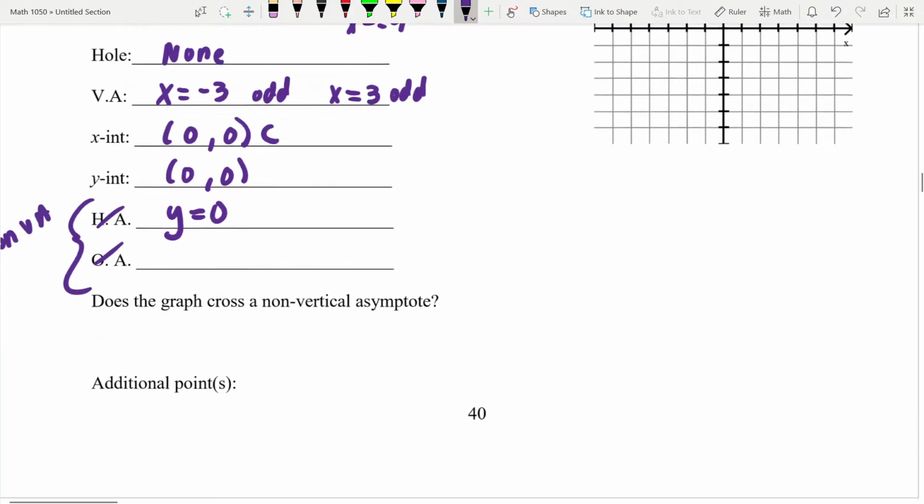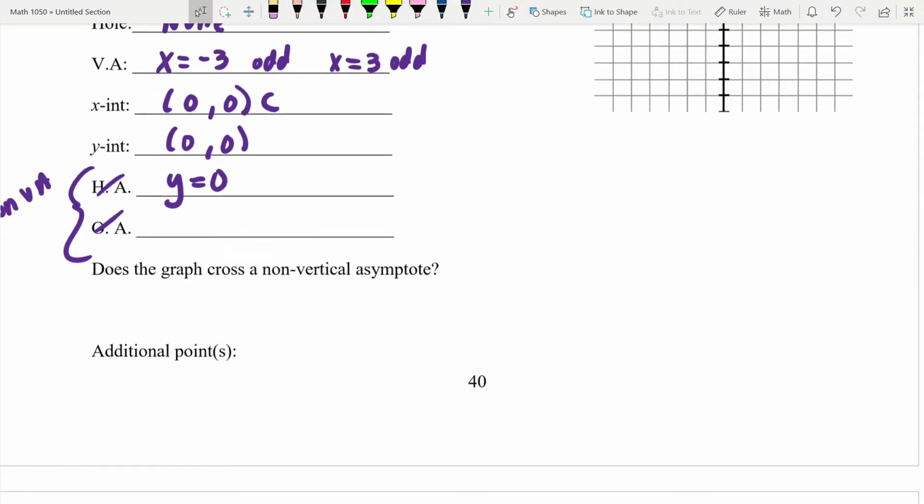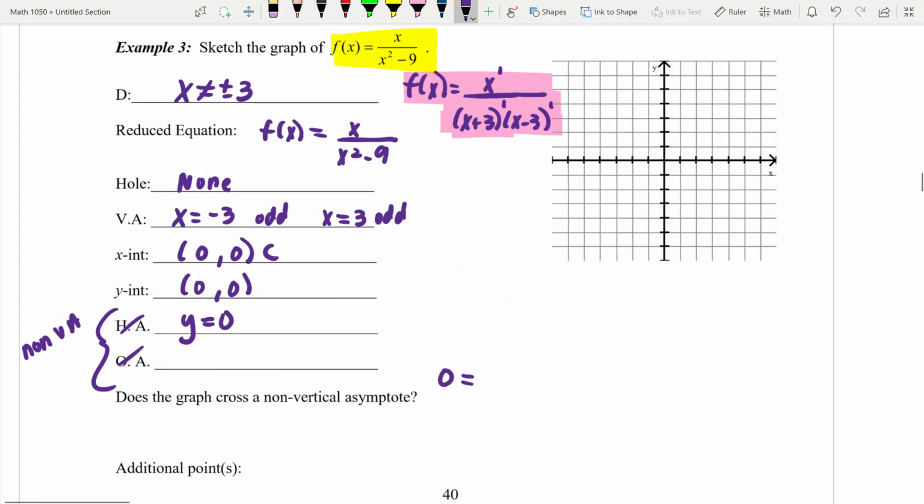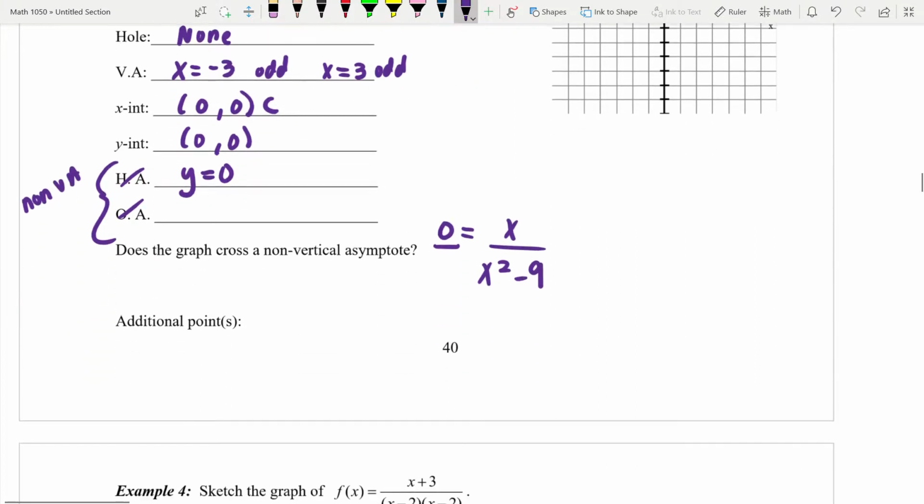Okay. Does it cross a non-vertical? Take the right side of the non-vertical, 0. Set it equal to the right side of the original. If you write down the pink, it's okay, but the yellow is easier because it's already multiplied out, so it's a step ahead of the other one. Cross multiply, and I get x equals 0. I didn't end up with something weird like 4 equals 2.